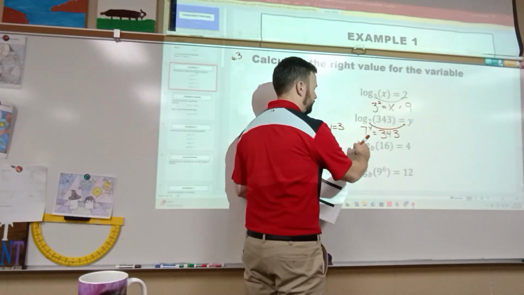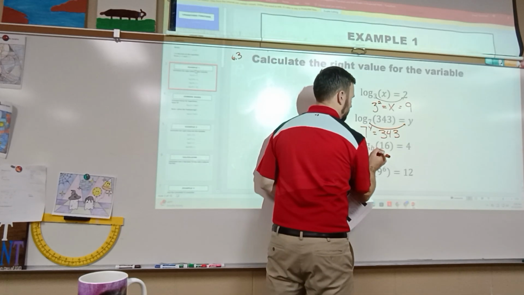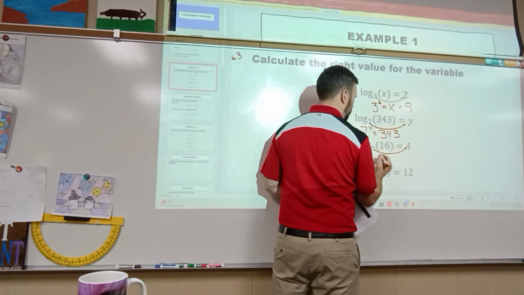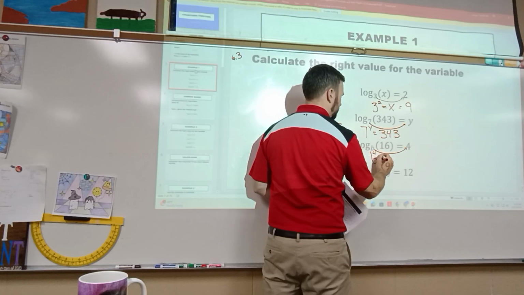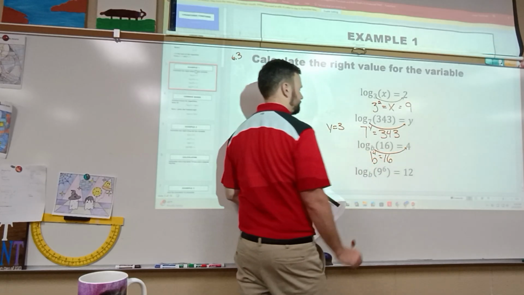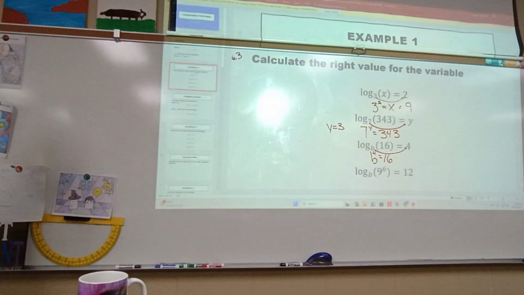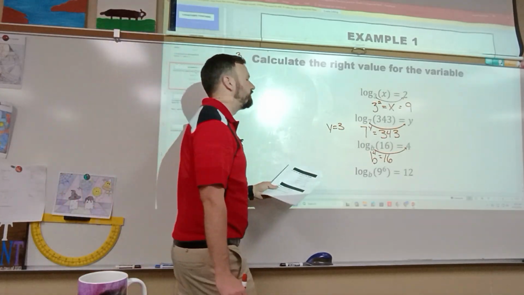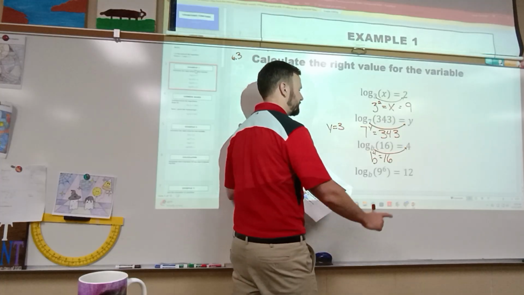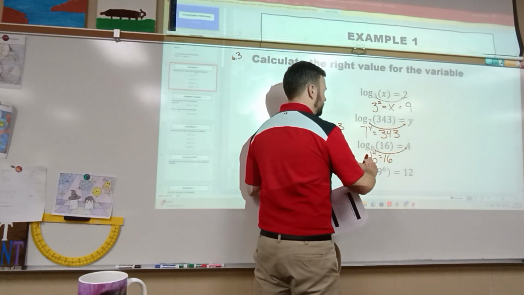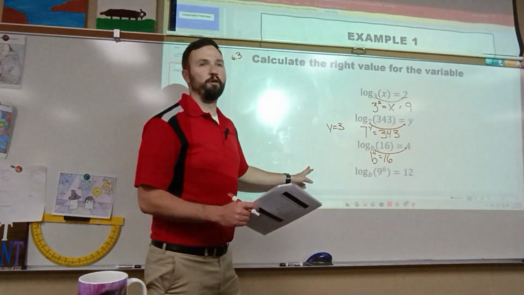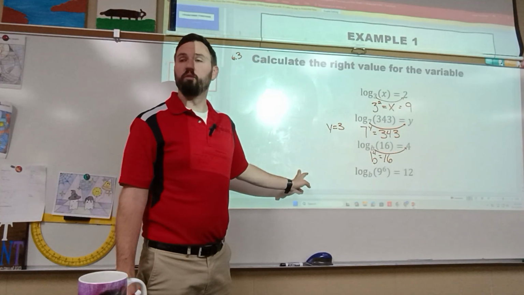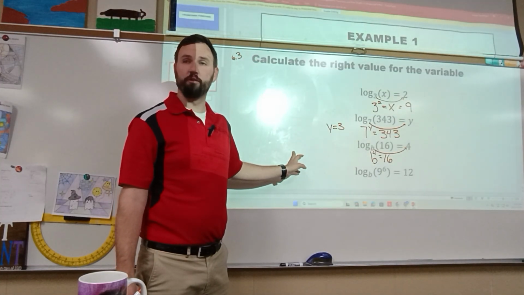This one, though, I need to show you how to do these two. B to the 4 equals 16. I'm going to show you how to do this on a calculator as well eventually, but here's how you would do it if you didn't have a calculator for some reason. I would just go through, and 1 to the 4th power is 1, right? 1 times 1 times 1 times 1 is 1.